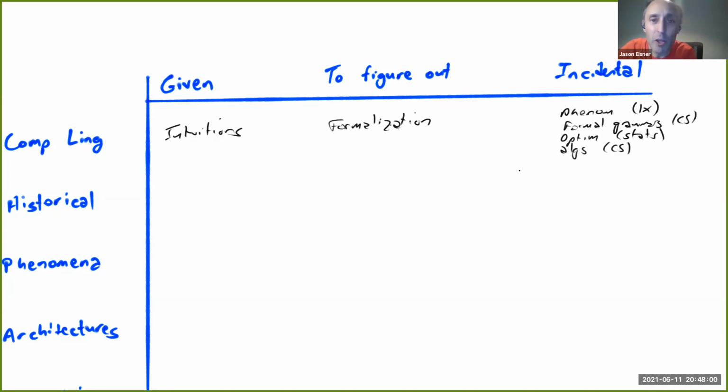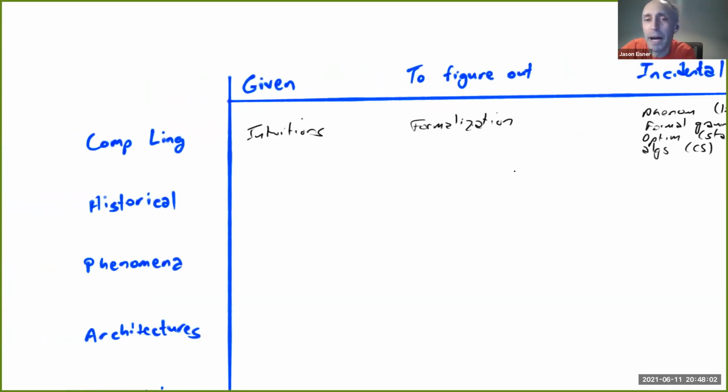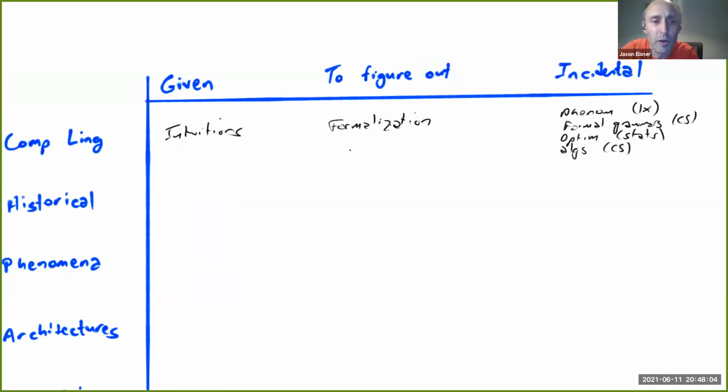But that's not the way that you sell them on the course, right? You sell them by saying, we are trying to learn how to formalize what they're doing.